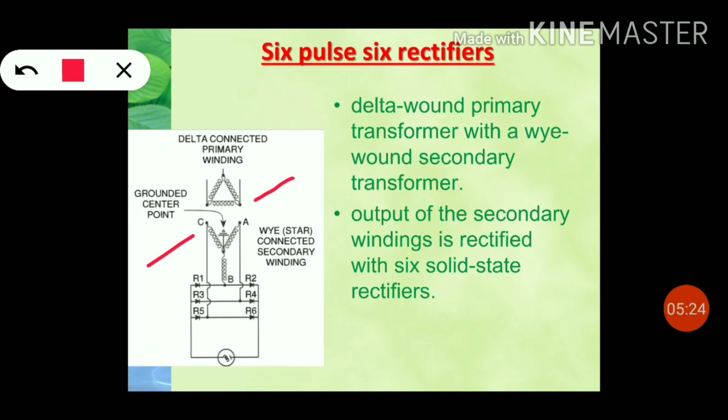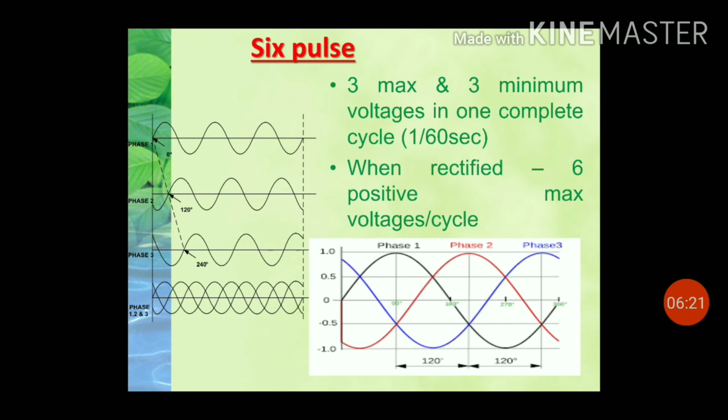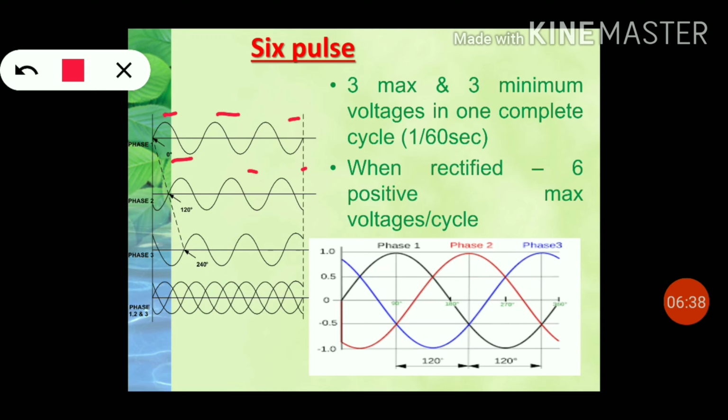The output of the secondary winding is rectified with 6 solid state rectifiers. In a 6 pulse, you will see there are 3 maximum and 3 minimum voltages in one complete cycle, that is 1/60 seconds.